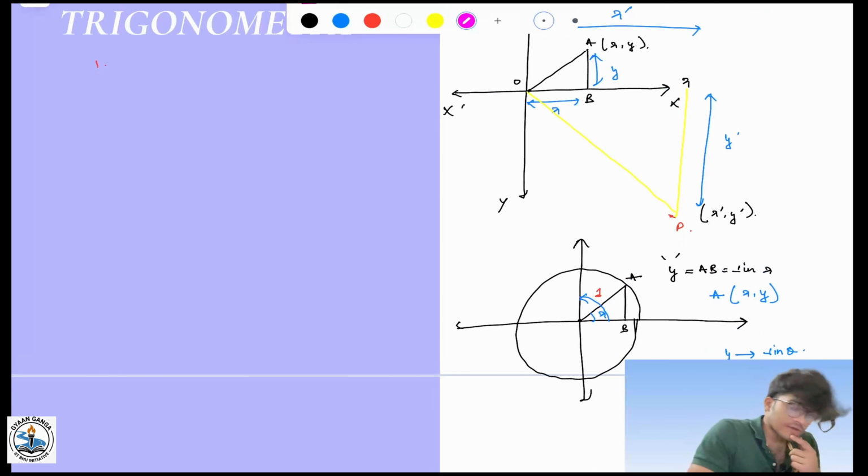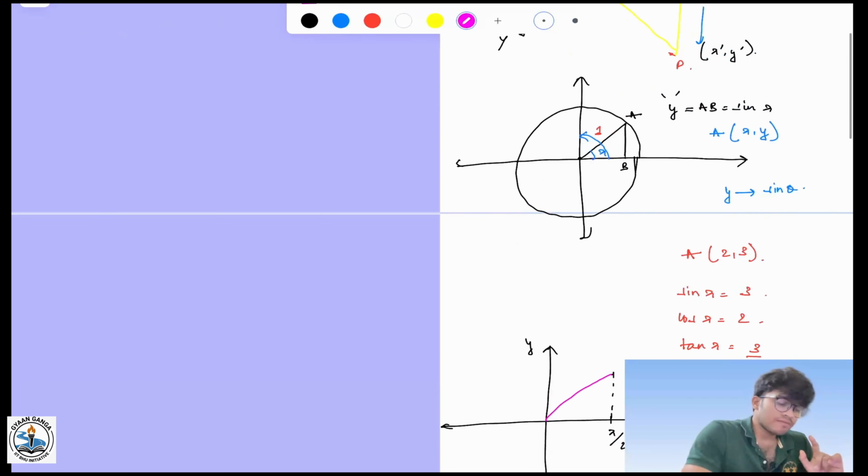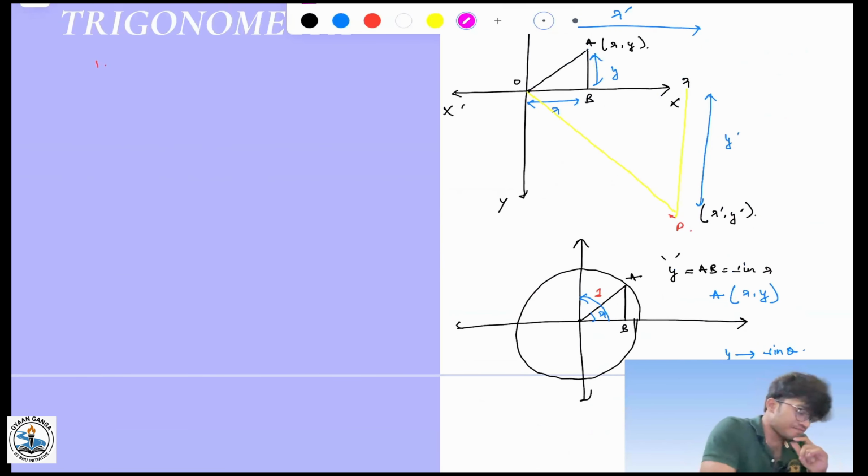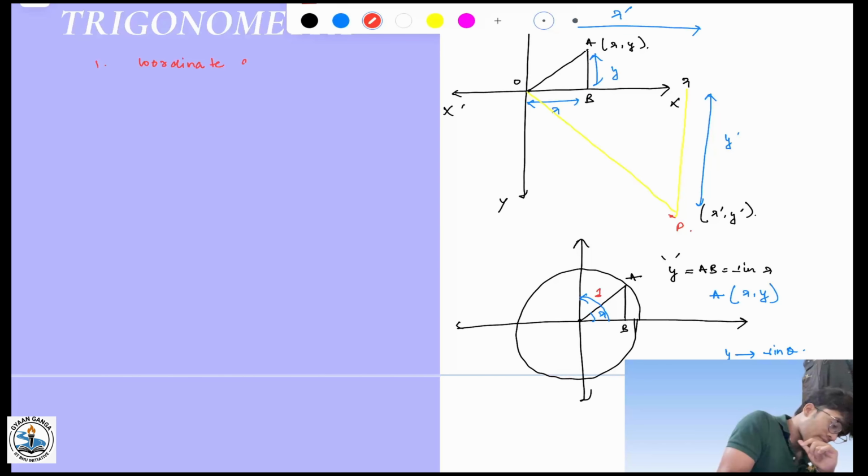Now let's further expand this. What we have discussed at this point is coordinate geometry and unit circle, the correlation.